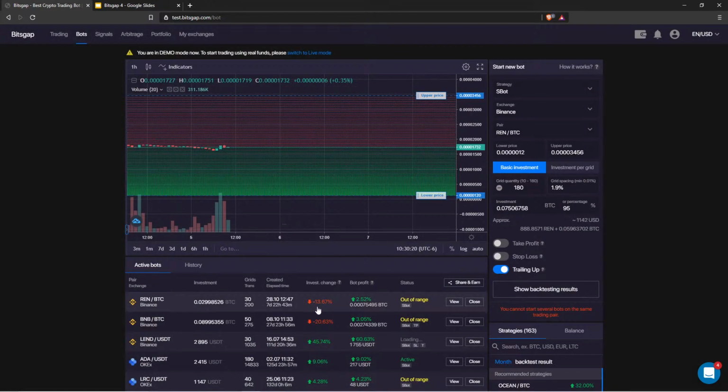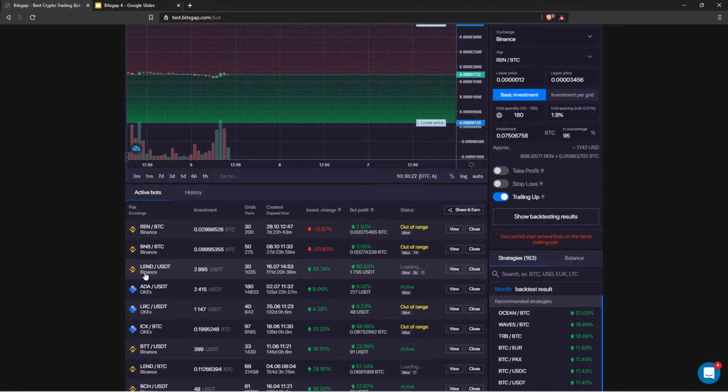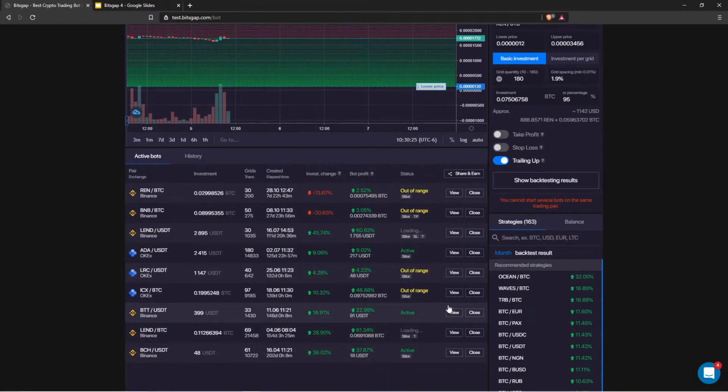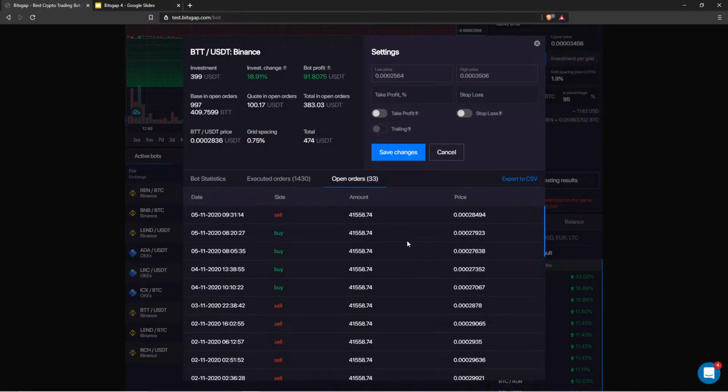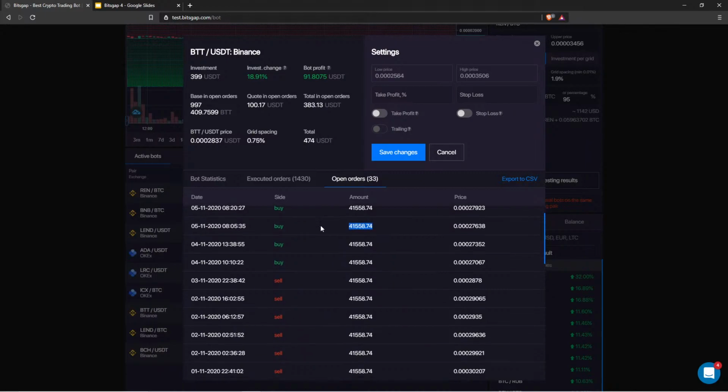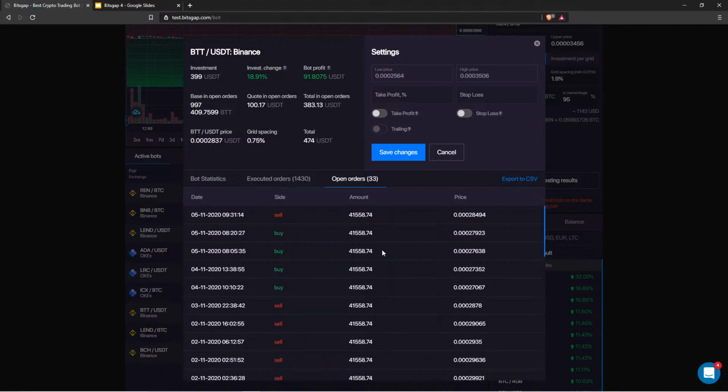But when it comes to the classic bot, and actually, where is it? Here it is, open orders. Notice that it has absolutely the same amount of the base currency to be sold or purchased per each level.